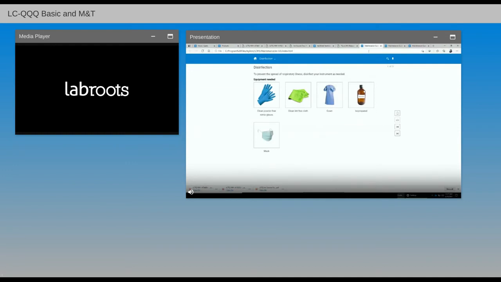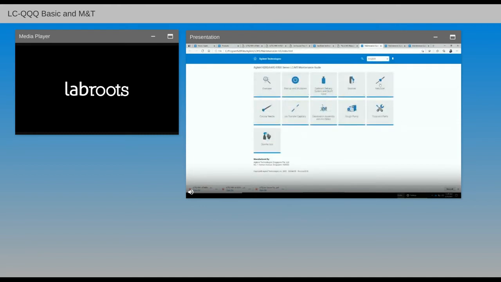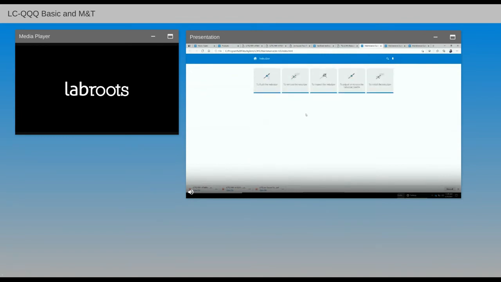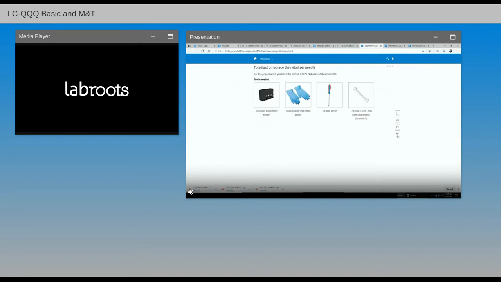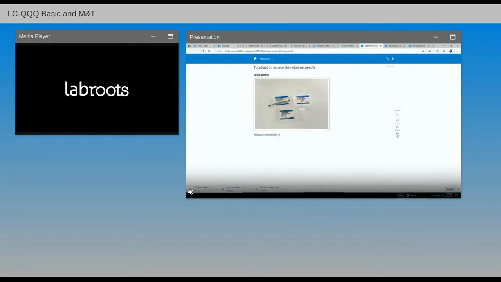Okay, so these are really very good resources for users to have on their site for quick reference. If we take a look at the nebulizer itself, perhaps how to adjust or replace the needle, you can see that there is some information other than the tools needed.